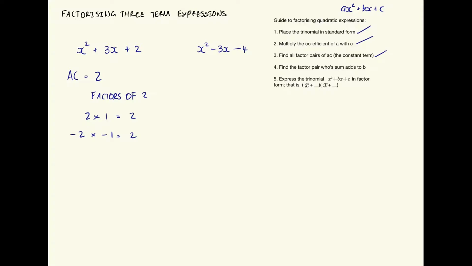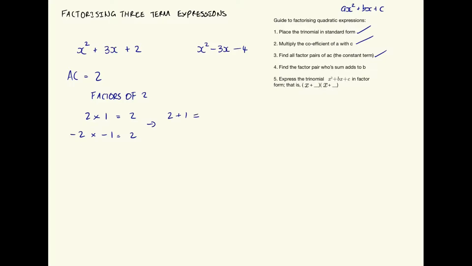Step 4. Find the factor pairs whose sum adds to b. So find the pair of factors whose sum, so instead of multiplying, if you add those two numbers, would then add to b. In our case, x squared plus 3x, we're trying to find the factors that we wrote down before that, when you add them, make positive 3. So let's rewrite this again. We'll use our factors here, 2 and 1. We'll combine them and go 2 plus 1.